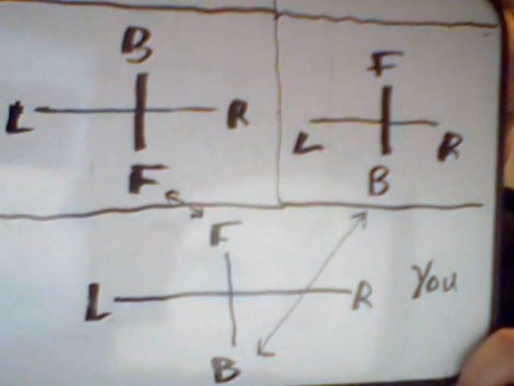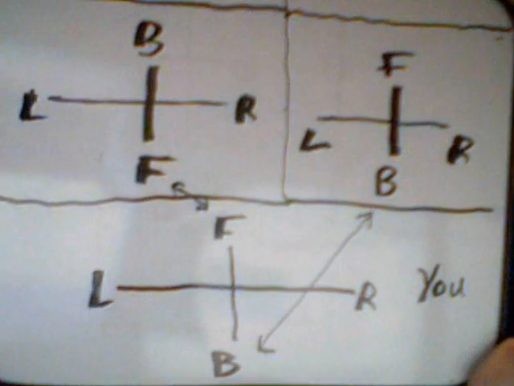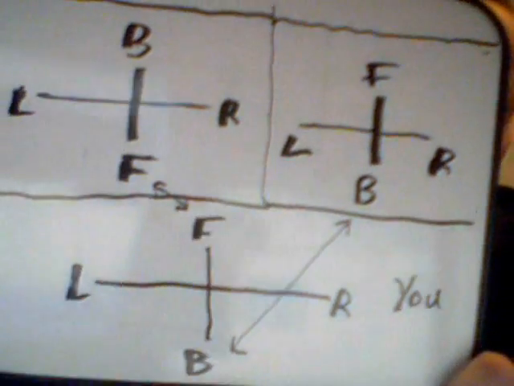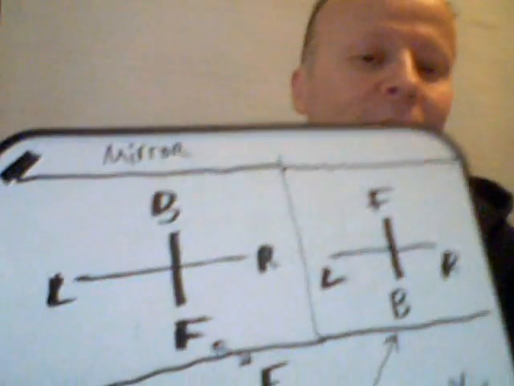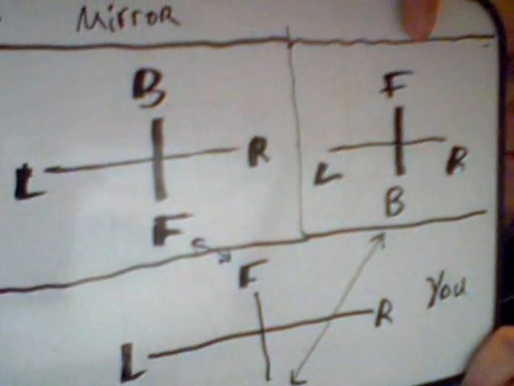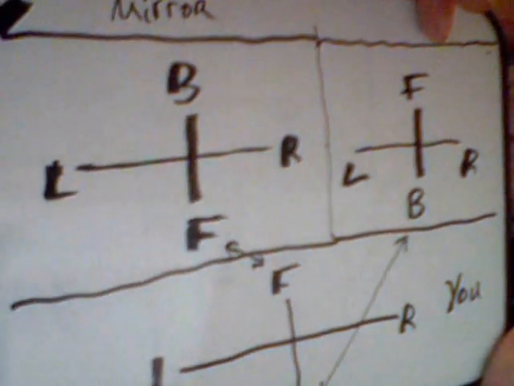On the upper left, you got the fronts reversed. The actual mirror, if the mirror was not going to change any of those axes, then it would look like this one here on the right of the screen. I guess it would be the right of the screen when you look at this.